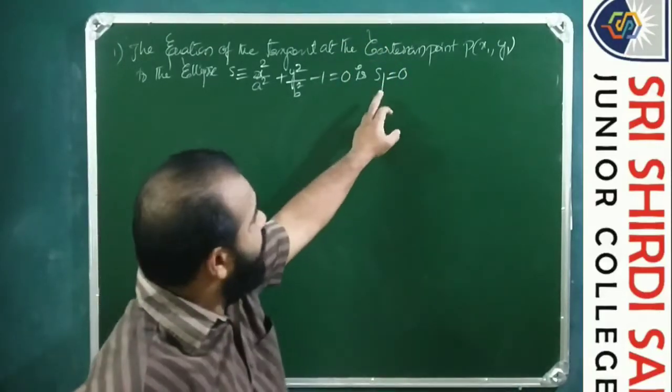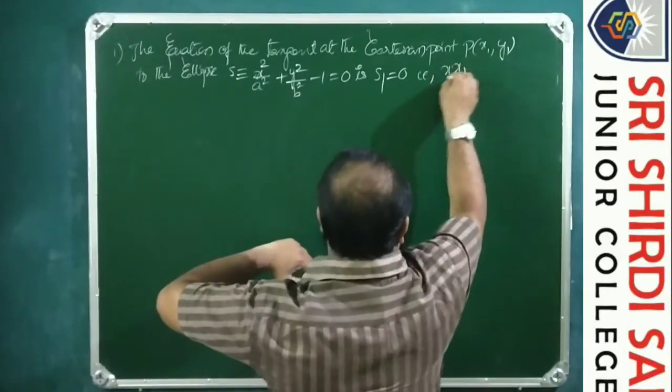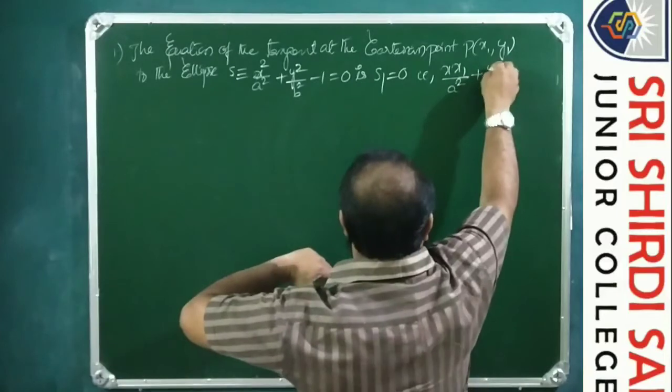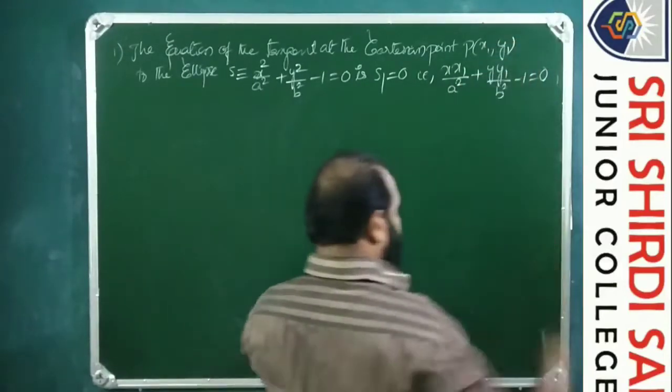And what is the notation of this S1? It is x x1 by a square plus y y1 by b square minus 1 equals 0.